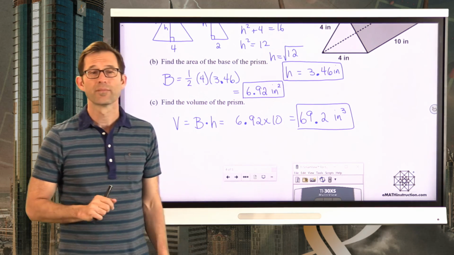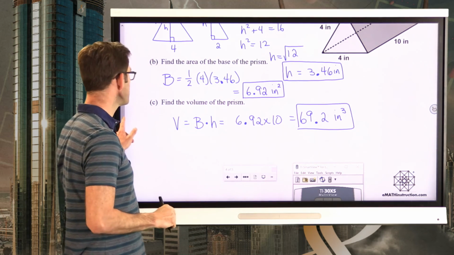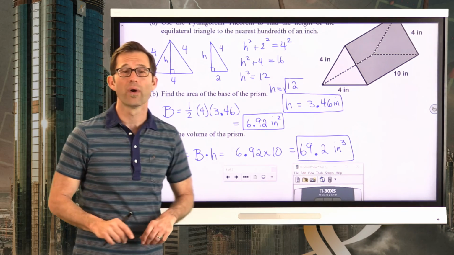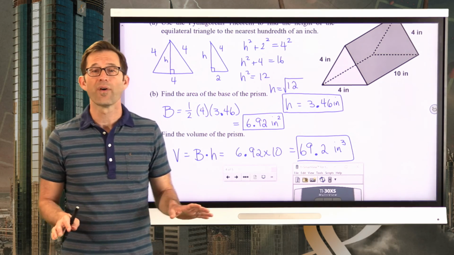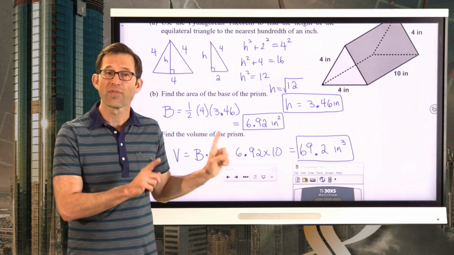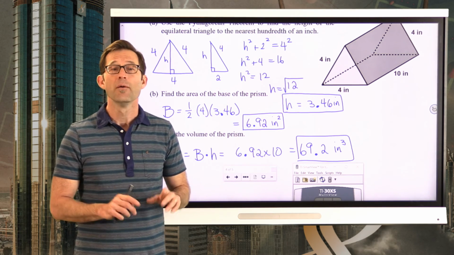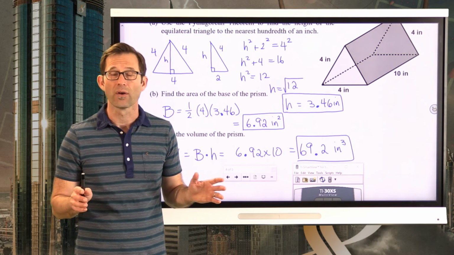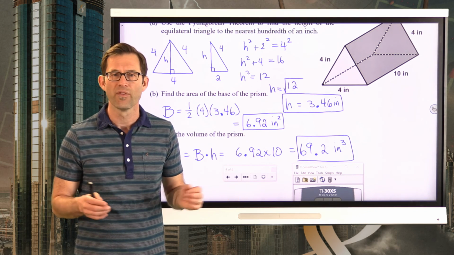And that's it. Now, this problem, by the way, is not significantly different from the last one, right? The biggest difference is when finding the volume of this particular prism versus the last one, right? The last one also had a triangular base, but its triangular base was a right triangle, so it was very easy to find the area of the base.